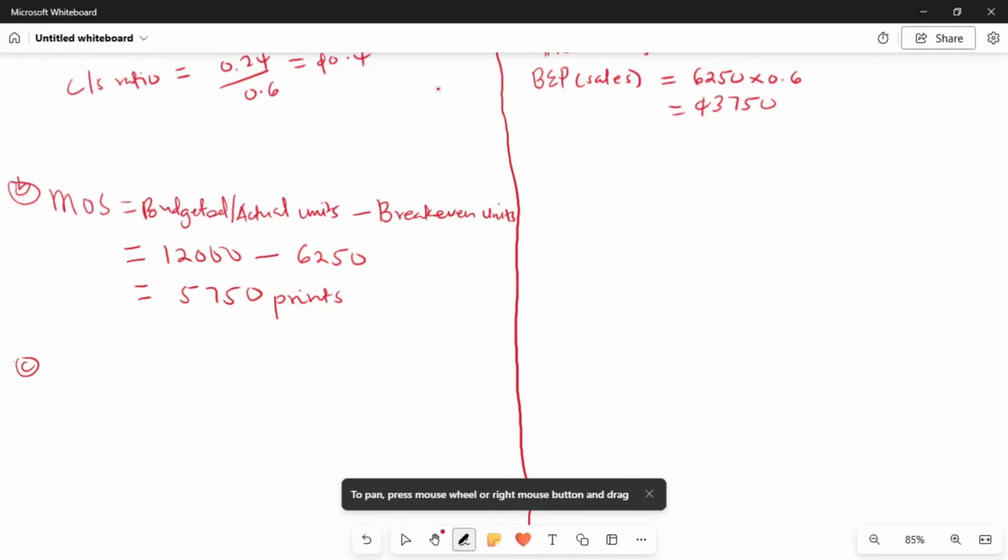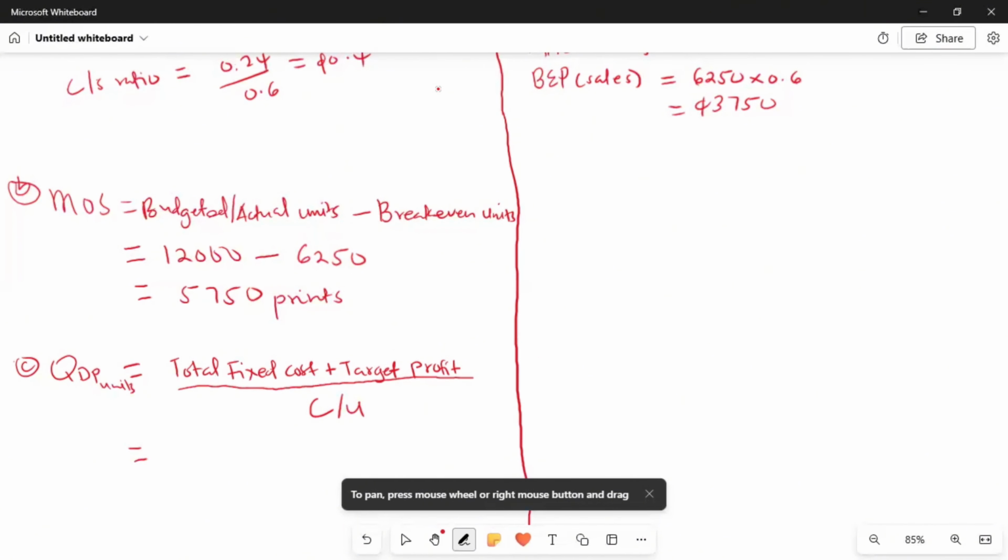The quantity for desired profit or target profit is equal to the total fixed cost plus the targeted profit or the desired profit, all divided by the contribution per unit. That's if you want to find it in units.